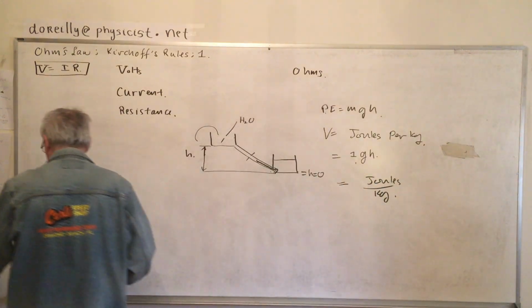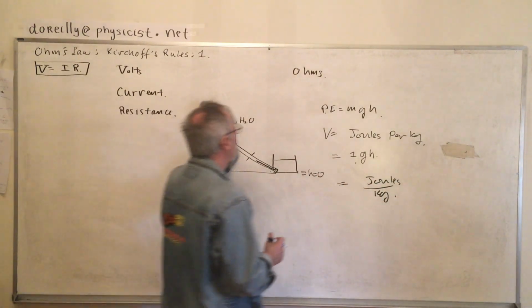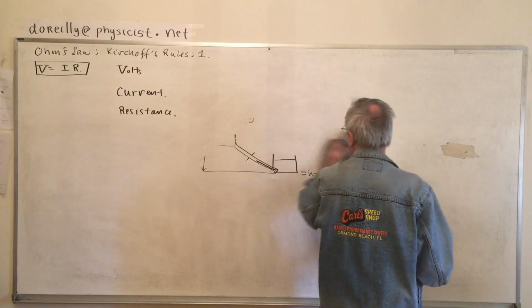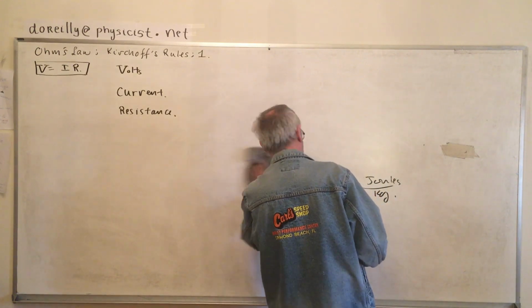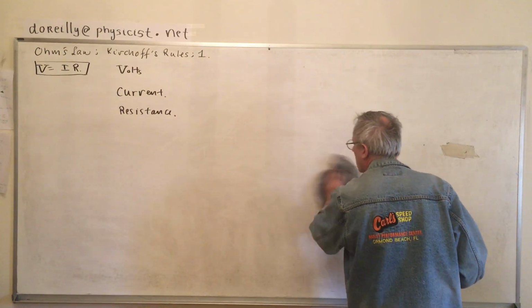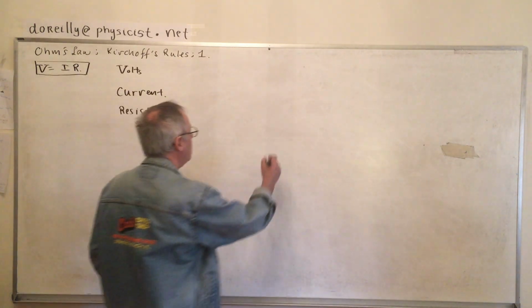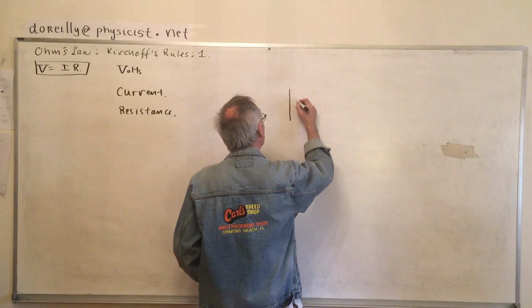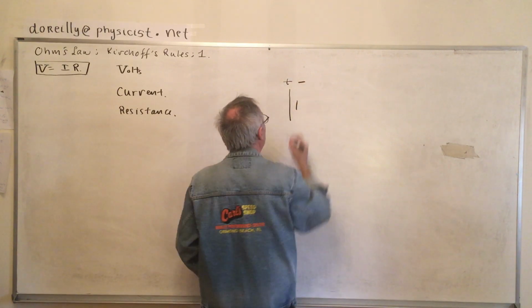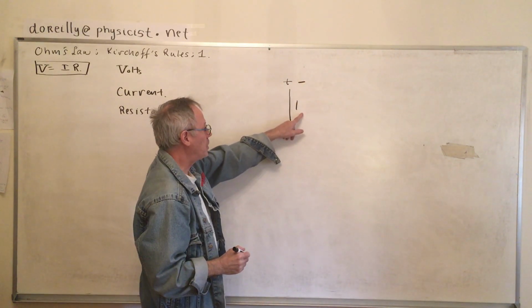Now let's go for electricity. In the case of electricity, we have a battery. High potential, lower potential.